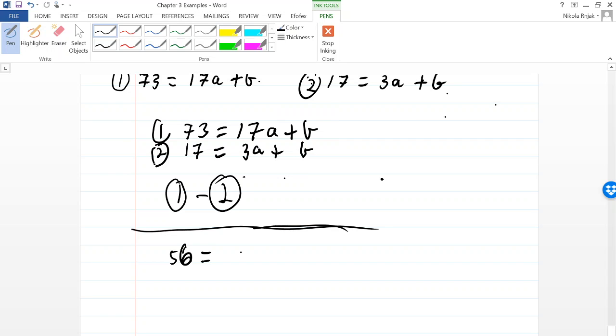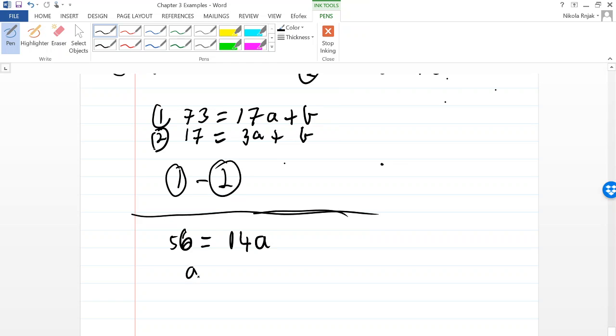Every term in the equation has to be subtracted. So 17a take 3a is 14a. And b take b leaves you with 0b, so they cancel. That's the whole point of doing this. So from here, a has to be 56 divided by 14, which is 4. So we know that a is 4.